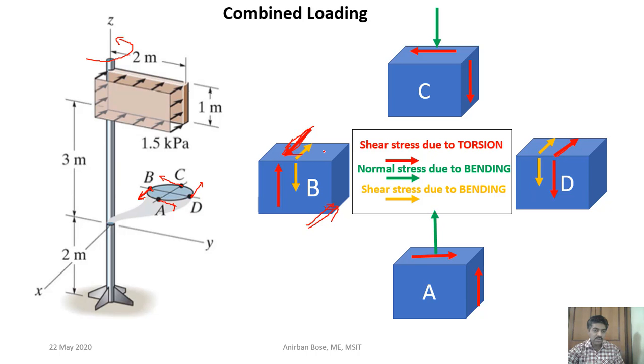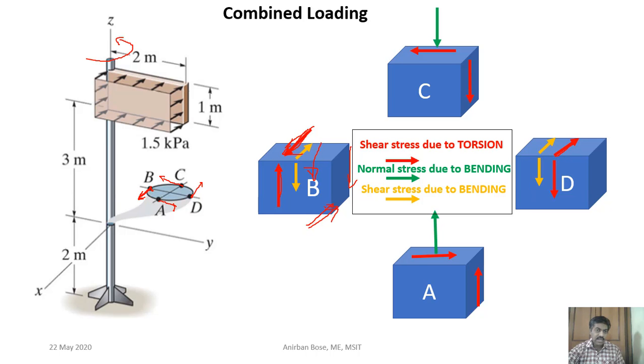This will try to rotate the whole thing in this direction, so for rotational equilibrium a couple will be created just opposite to this direction, this one and this one, so that the element is in rotational equilibrium.